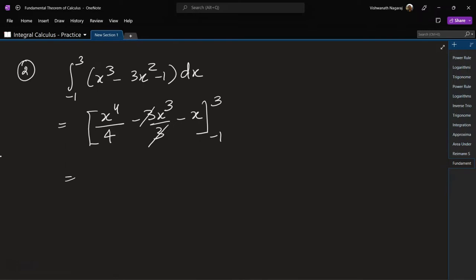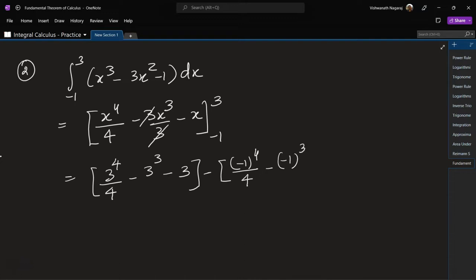Now we have to figure out F of b minus F of a. So F of b will be 3 to the power of 4 by 4 minus 3 to the power of 3 minus 3, minus, now we substitute minus 1: minus 1 to the power of 4 by 4 minus minus 1 to the power of 3 minus 1.